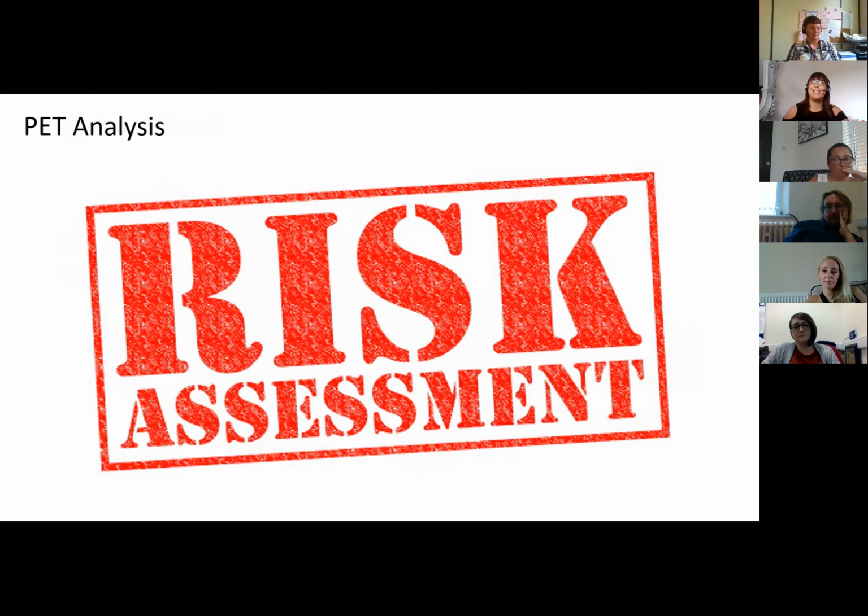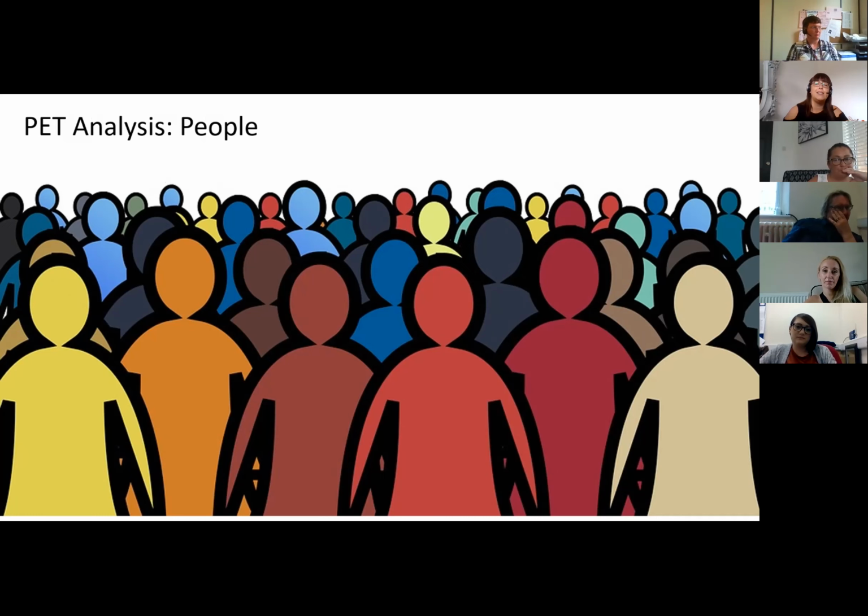So let's think about risk assessments. You've already talked about this. You'll be doing dynamic risk assessments in your organisation already. One I want to introduce to you, you might know this already, is a PET analysis. A PET analysis is the people: who are the people I'm coming into contact with, my colleagues, my patients, the public, relations, whoever it might be.